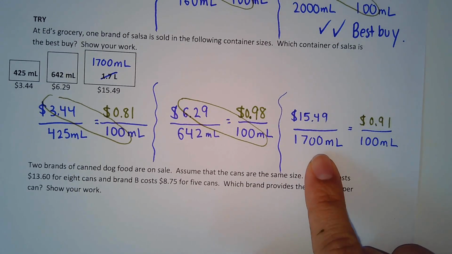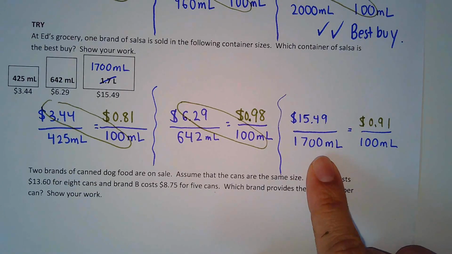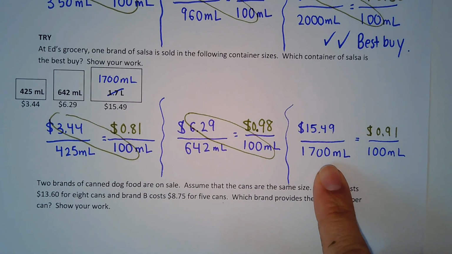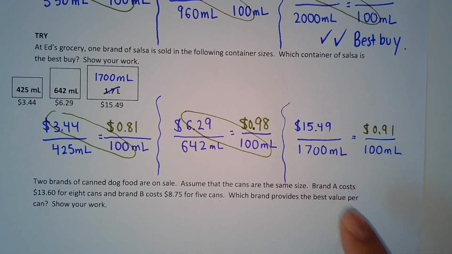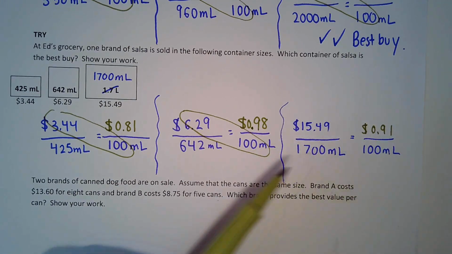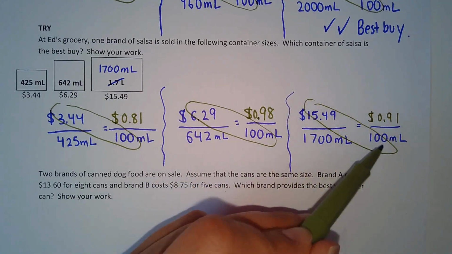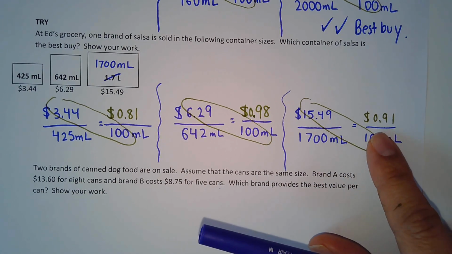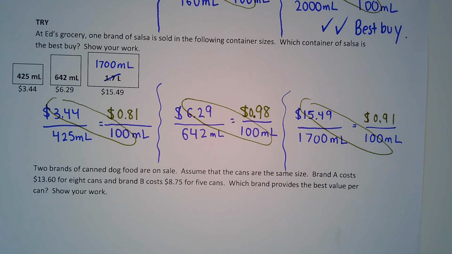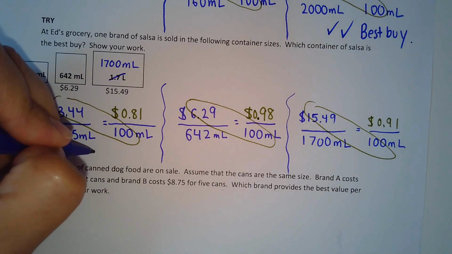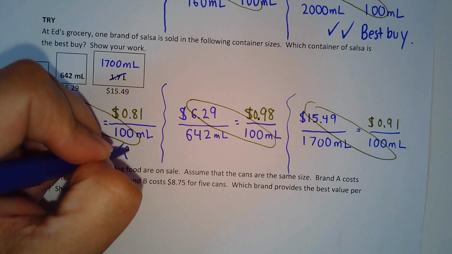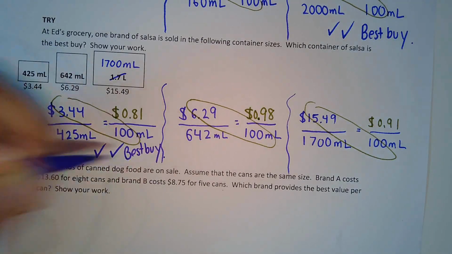And then the third container, the original volume was 1.7 liters, so I changed it to milliliters, and I used cross multiplying or dividing both of them by 17, so 100 times 15.49 divided by 1700, and I ended up with 91 cents. So the cheapest brand, or the best buy, is the smallest container in this case. Maybe it's on sale. So this one here is the best buy.